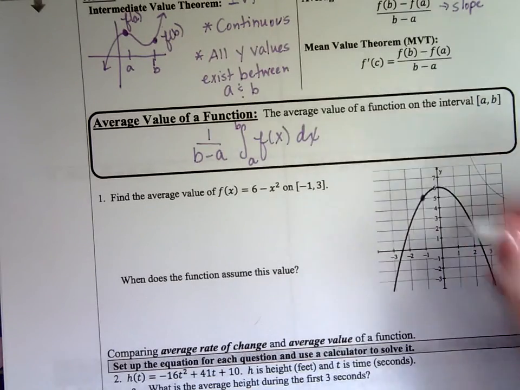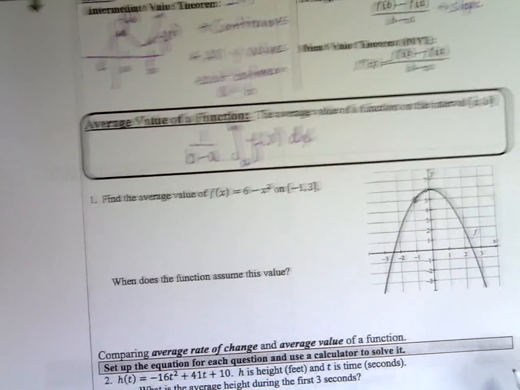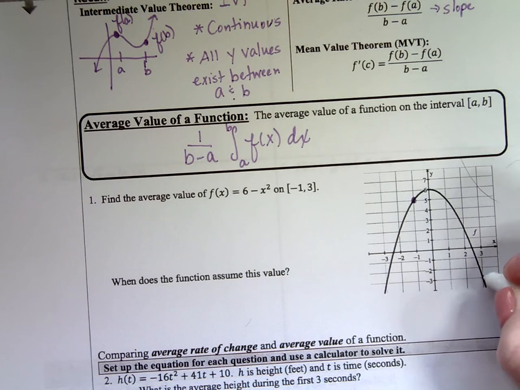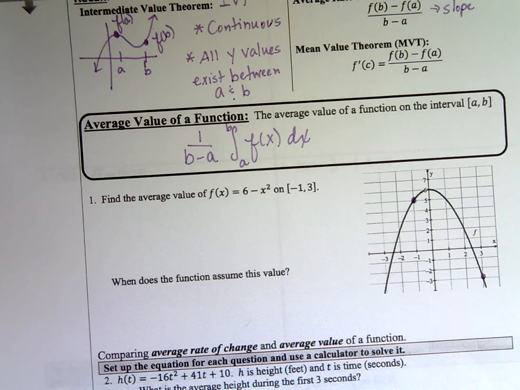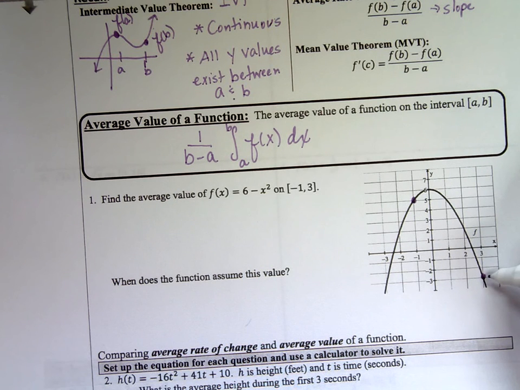If I look at f of -1, I'm here. If I look at f of 3, I'm over here. Where is the average y value between them? Where do you think it might be? That's what this average value is talking about.